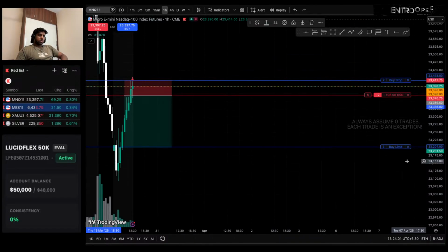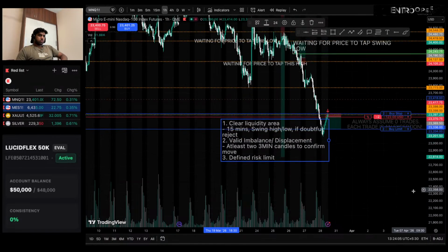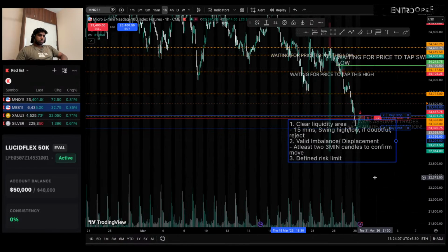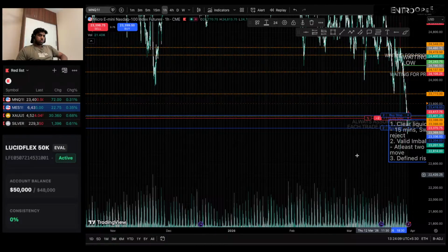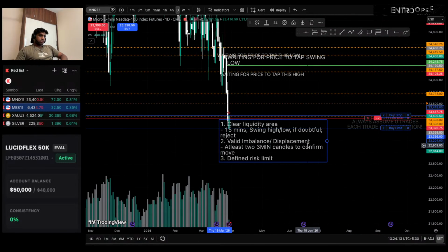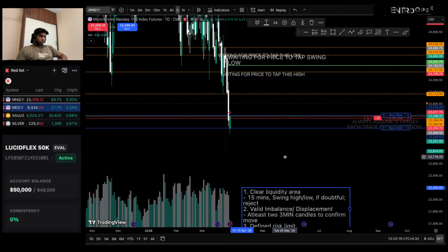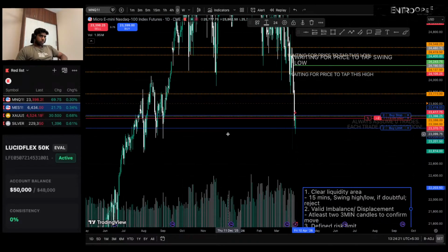Let's see how the 1 hour chart is looking. The daily chart, hmm, it has not taken the liquidity from below on the daily.